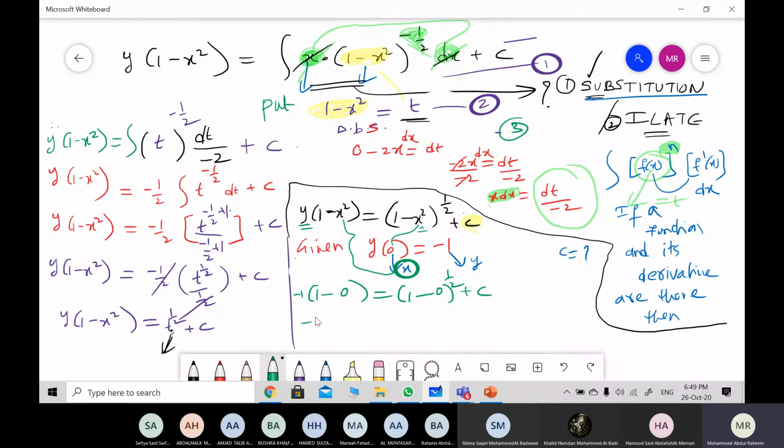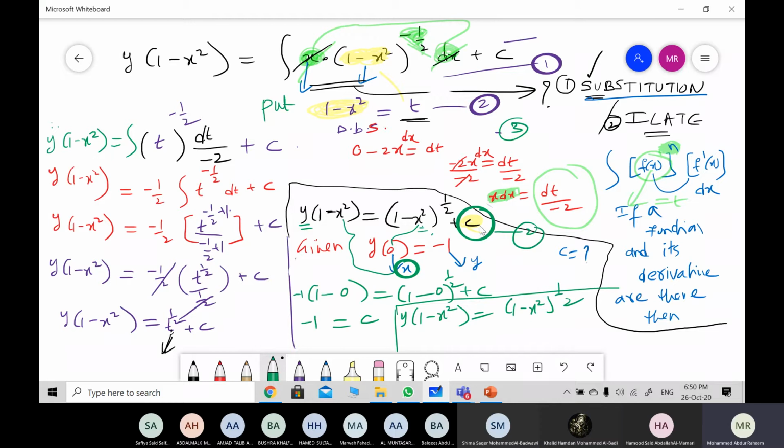Now I will find it easily. Minus 1. This is also 1. So C is minus 1. That C I will write here. That is the answer. Same expression plus C, where C is minus 1. Like that.